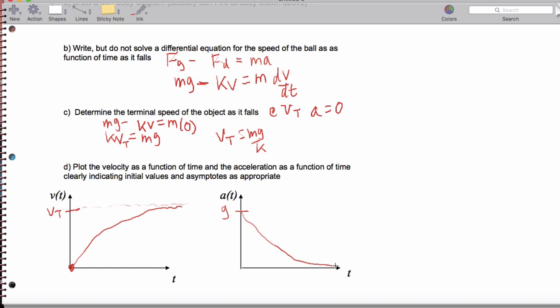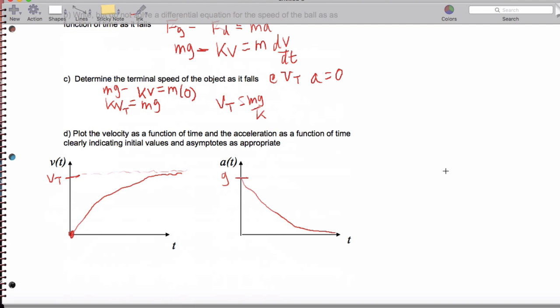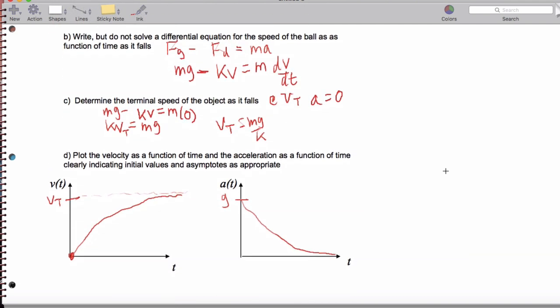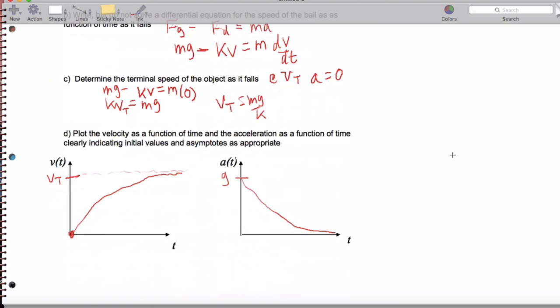And that's what happens with the graph. All right, so that is question 3. We will look at the actual AP problems in the real free response, kind of challenging, fun, delightful AP physics problems next.